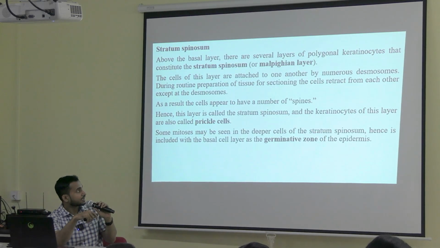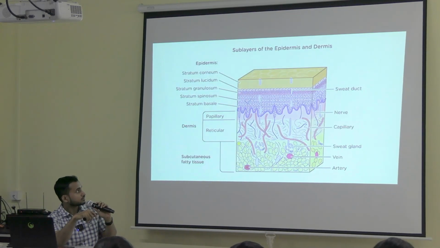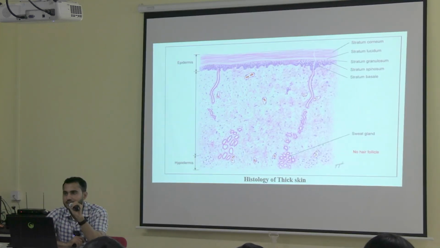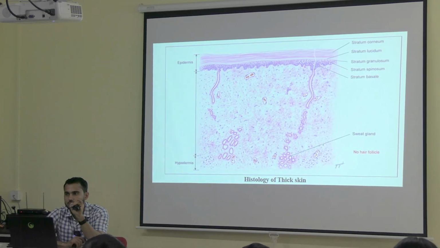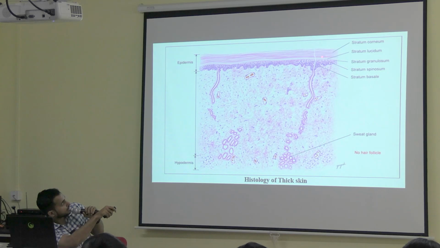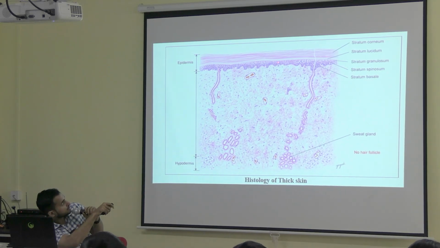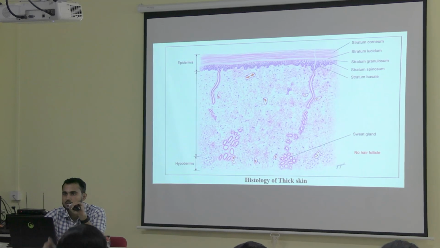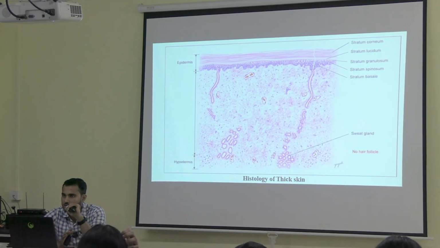Now there is another diagram. Here you can see the diagram of thick skin. Can you see the stratum lucidum? Here, this is the stratum lucidum. So I was talking about this layer. Can you see the appearance of this layer? What is its appearance? First of all, it is homogeneous.